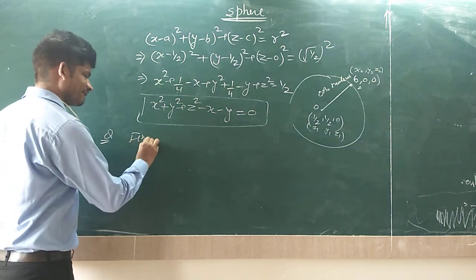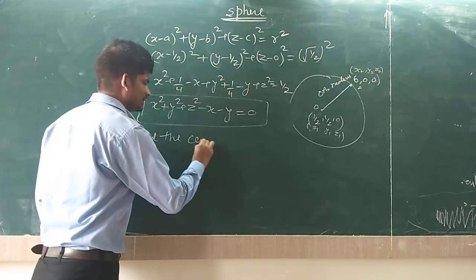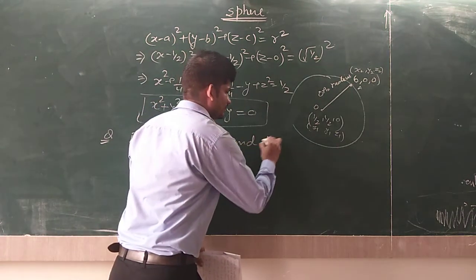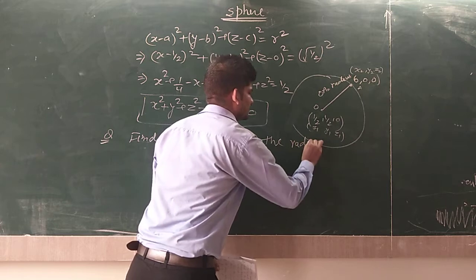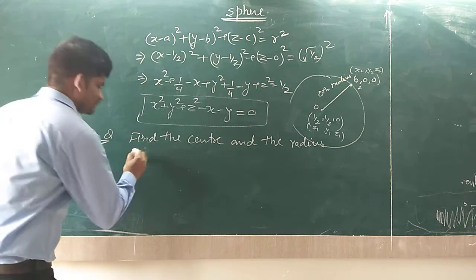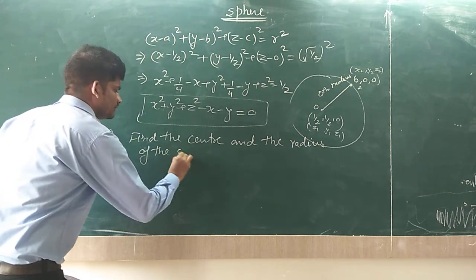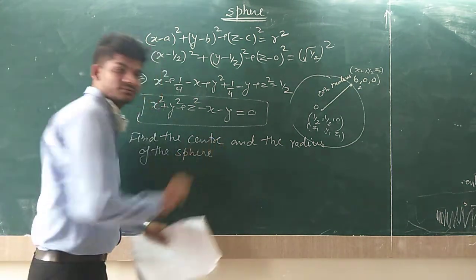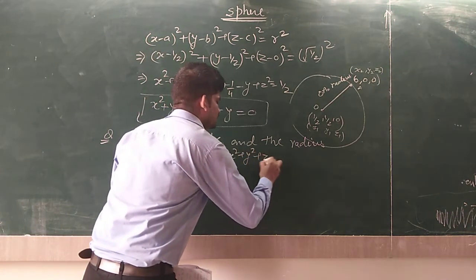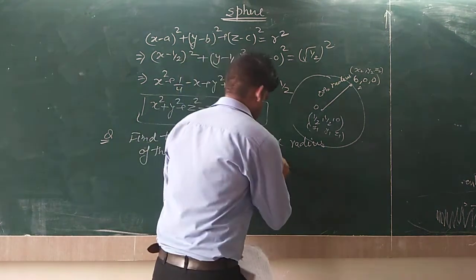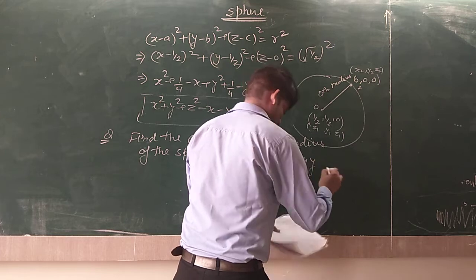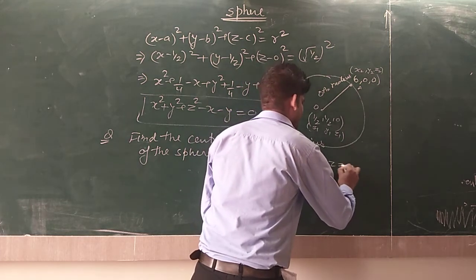And the next problem is: find the center and radius of the sphere x square plus y square plus z square minus 2x plus 4y minus 6z equal to 11.